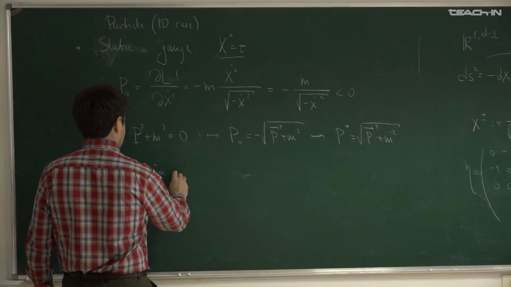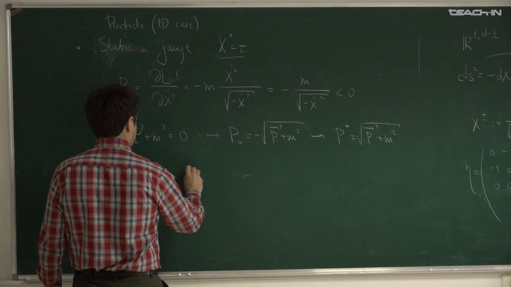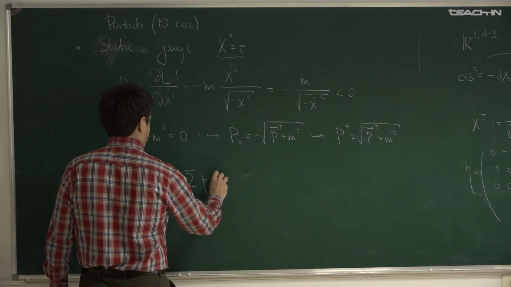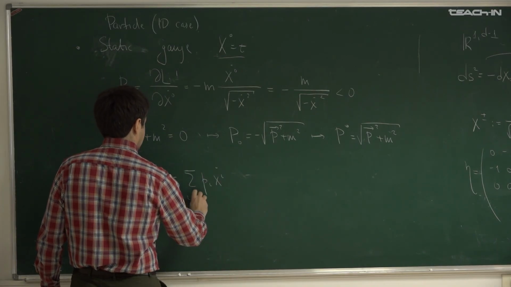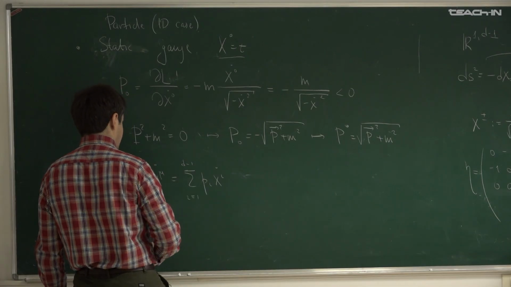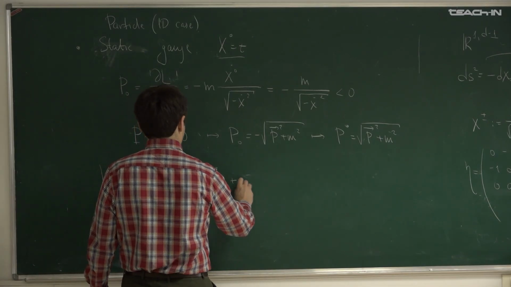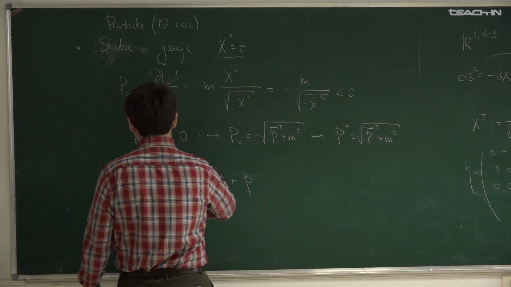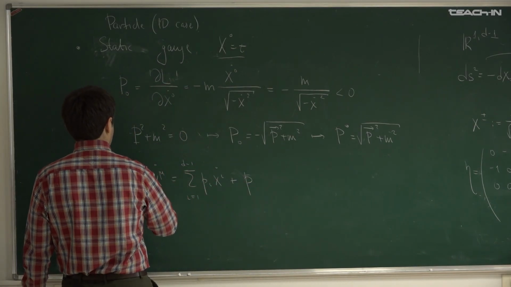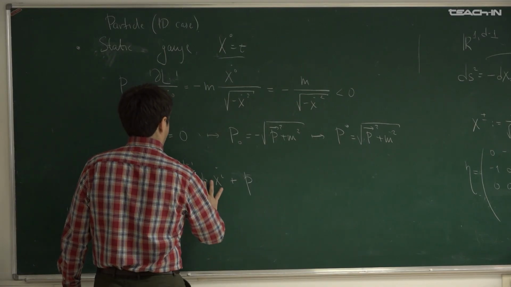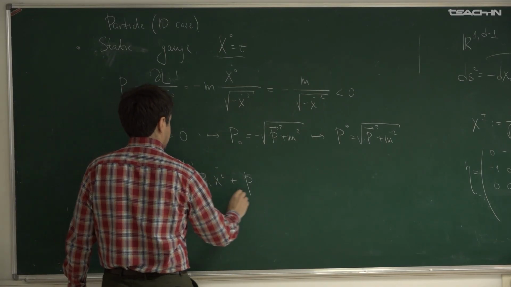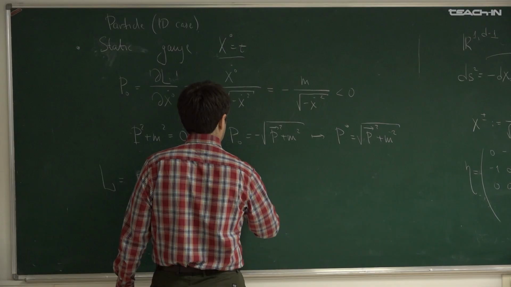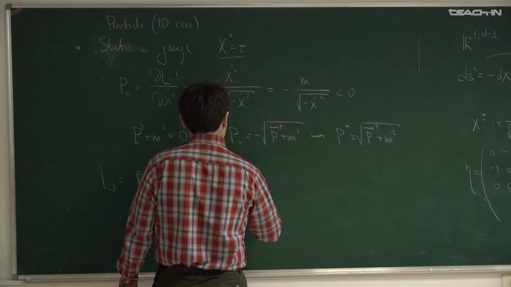So what we get is the sum over i from 1 to d minus 1 of p_i x_i dot, plus capital P0.